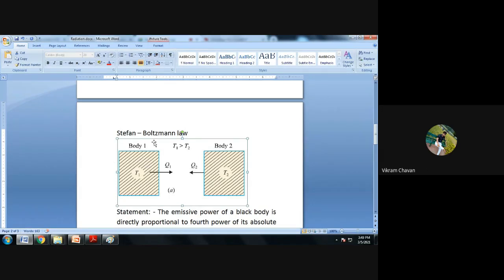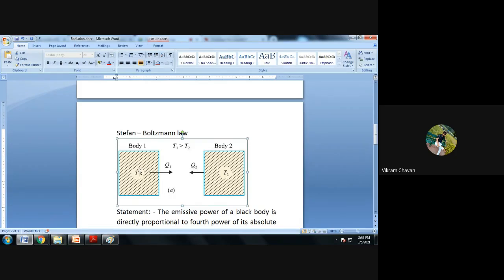Now body 1 has temperature T1 and body 2 has temperature T2, and T1 is greater than T2. So in this case we can say that body 1 emits more radiation towards body 2, whereas body 2 emits less radiation towards body 1.